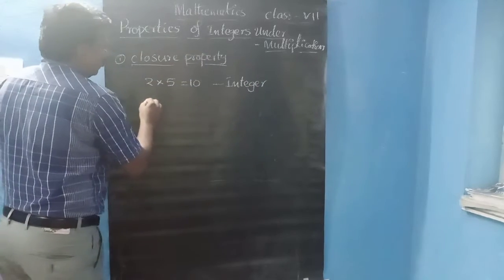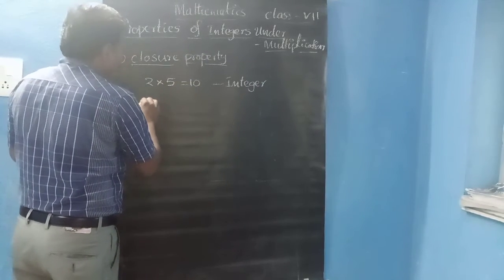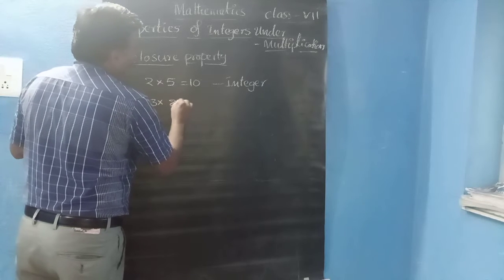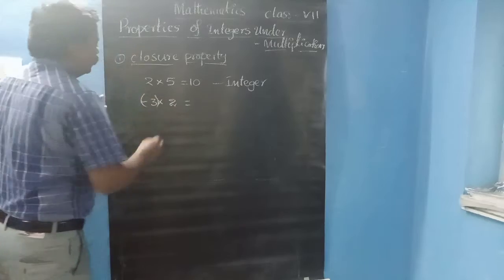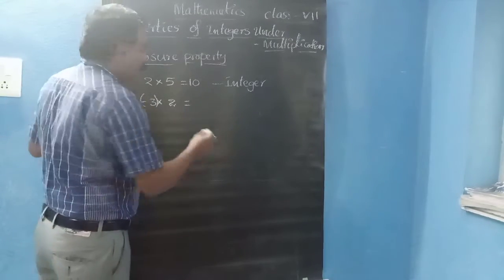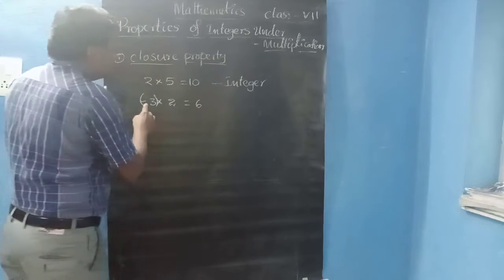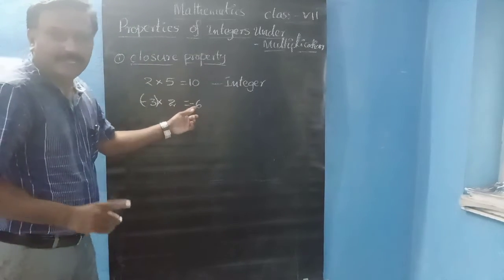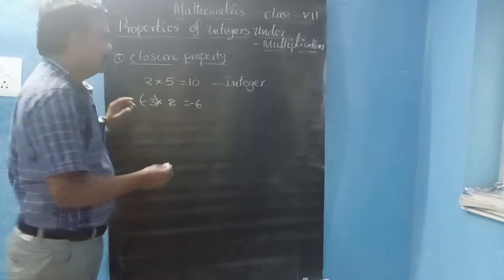Take one more number. Minus 3 into 2. 3 2s are 6. Minus into plus is minus, so minus 6. Is minus 6 an integer or not? Yes, integer.